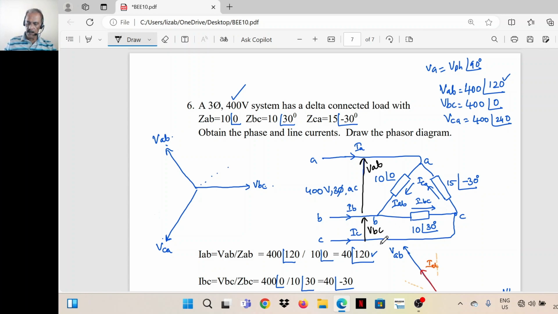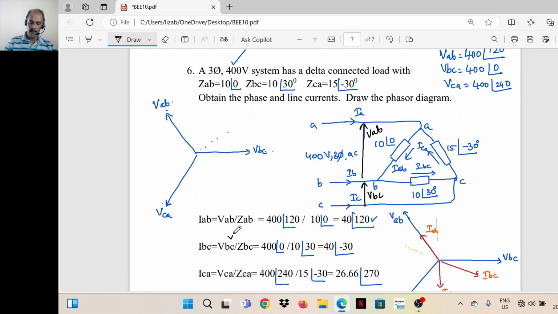So IBC is equal to VBC divided by the impedance of this branch, that is 10 angle 30. So IBC is equal to VBC by ZBC, that is 400 angle 0 divided by 10 angle 30. Dividing, we'll get 40 angle minus 30.